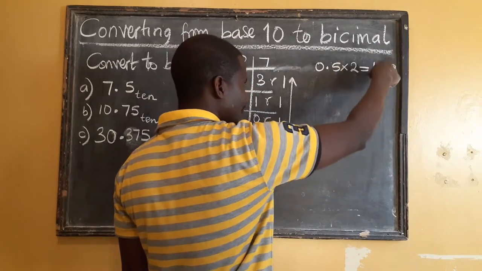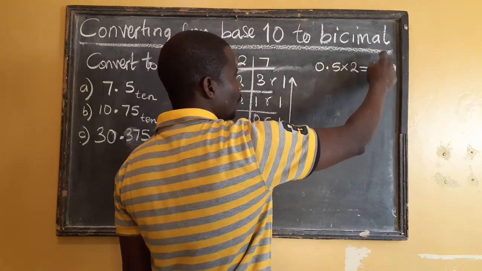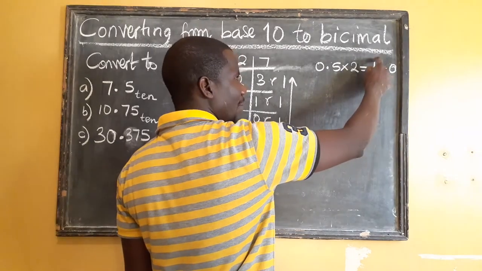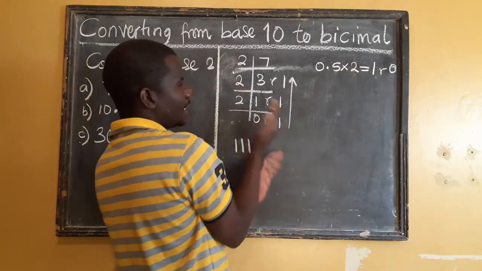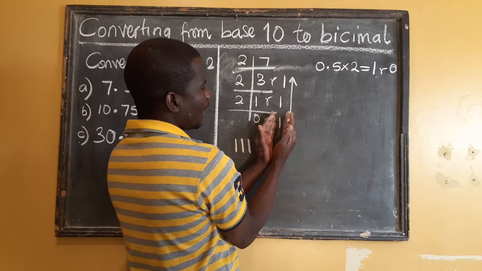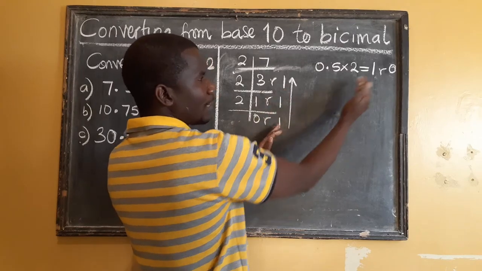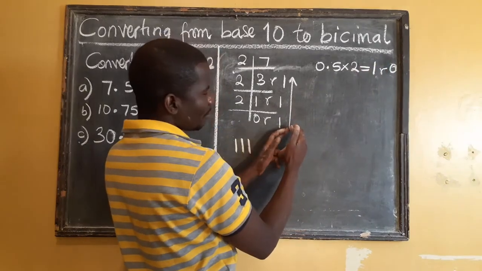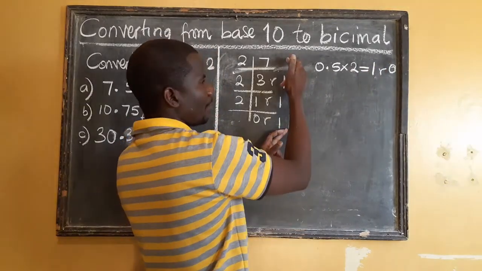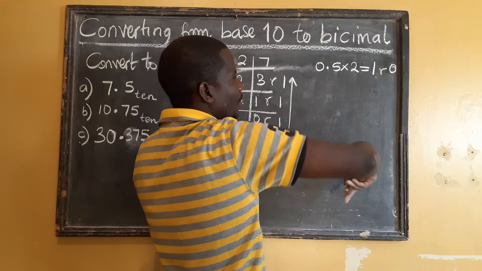To get the answer, here we are not going to take the remainders, we get the whole numbers. We do the opposite. For the whole number part, the remainders are read going up, but here the whole numbers you get going down.